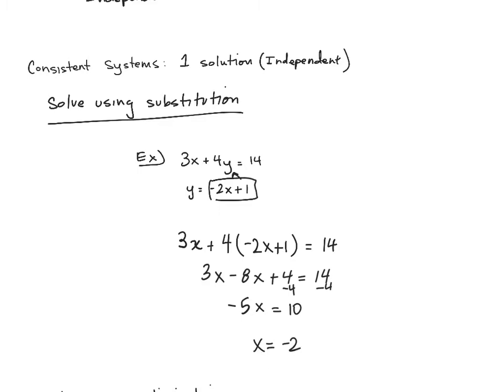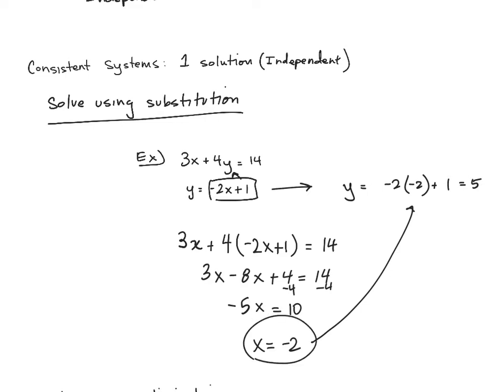And now that we have the value of x, we can substitute that in there and say that y equals negative 2 times our value of x, which is negative 2, plus 1. Negative 2 times negative 2 is 4. 4 plus 1 equals 5. So we have x equals negative 2, y equals 5.